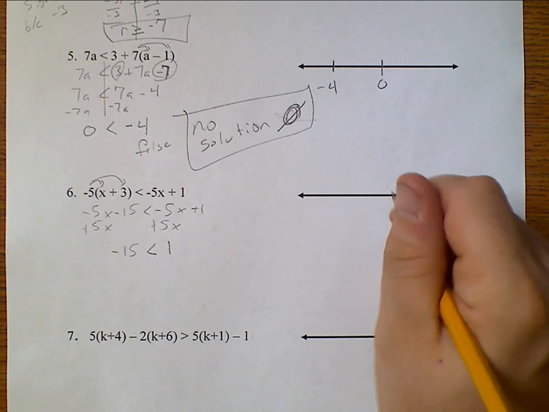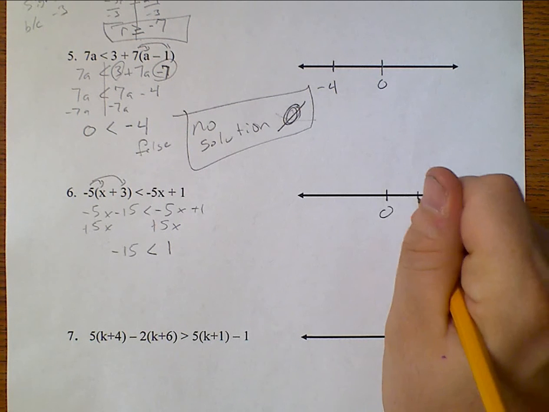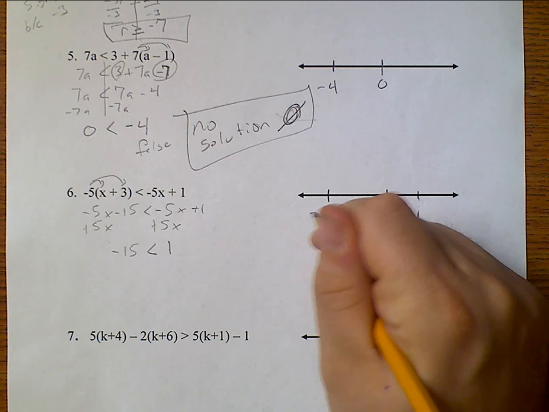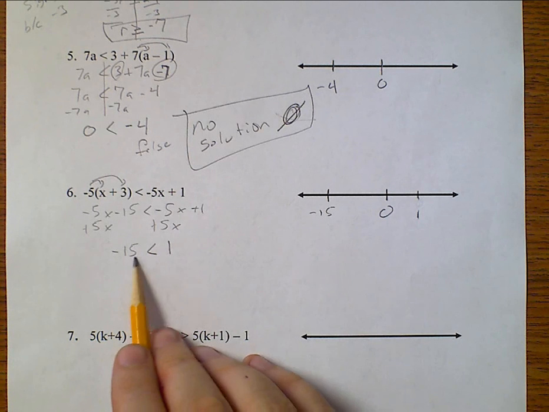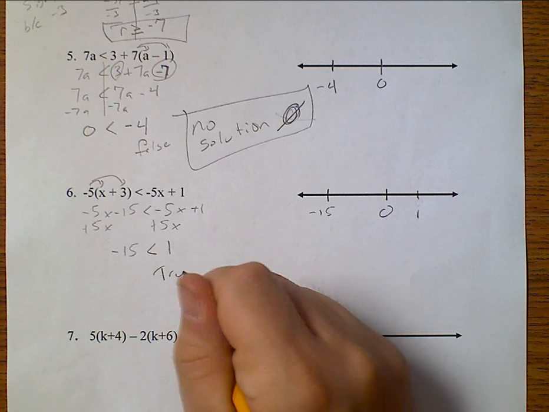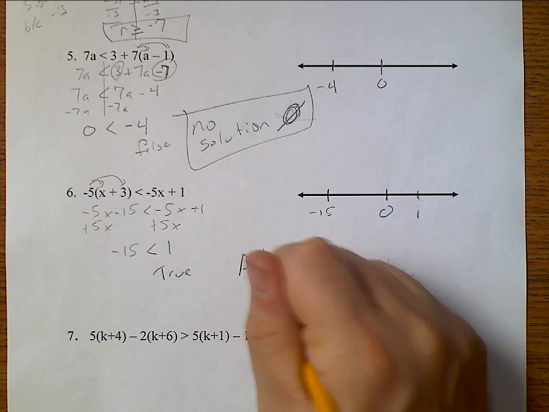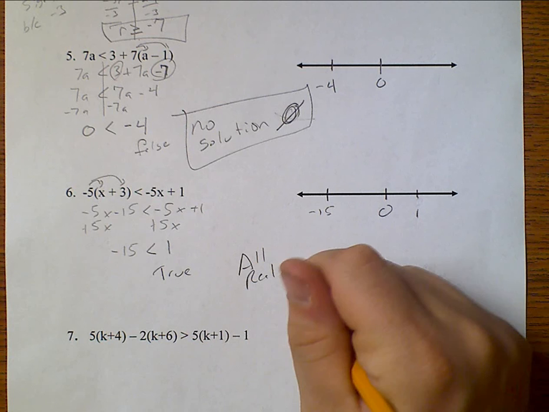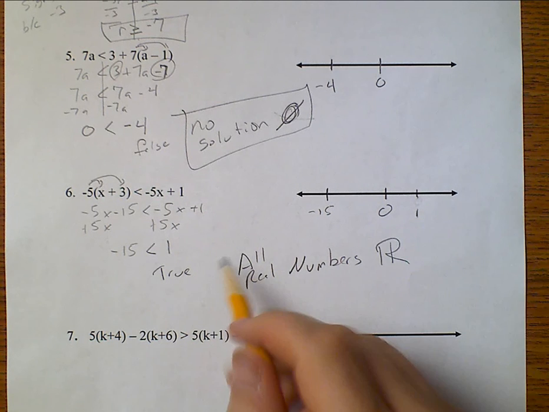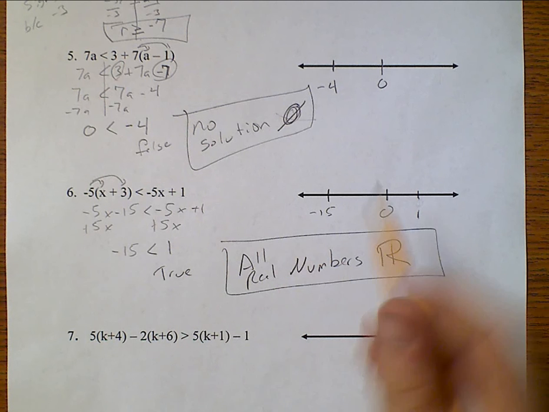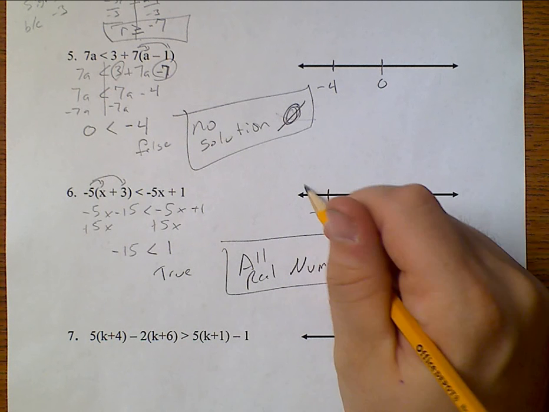If I put 0, and then 1, and then negative 15, this is true. Negative 15 is less than 1. So what that means is we have all real numbers. And when that happens, we shade the entire line.